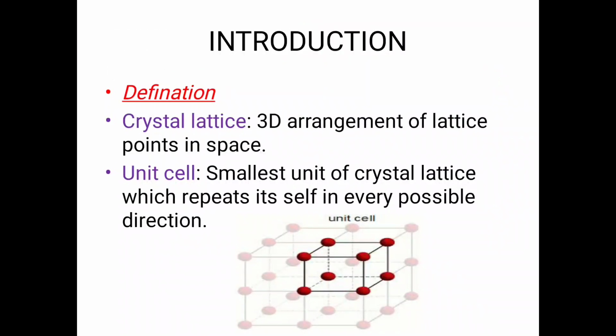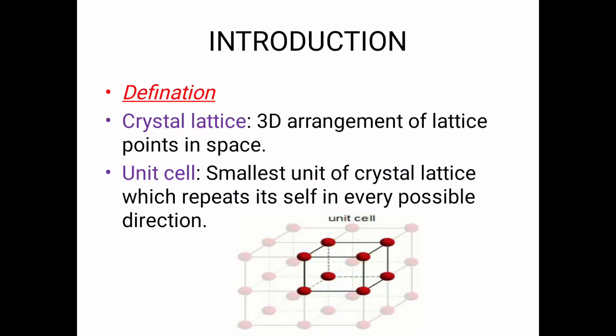First, to introduce this chapter, we need to know what is a crystal lattice. A crystal lattice is a three-dimensional arrangement of lattice points in space. And what's a unit cell? Unit cell is the smallest unit of the crystal lattice, which repeats itself in every possible direction.